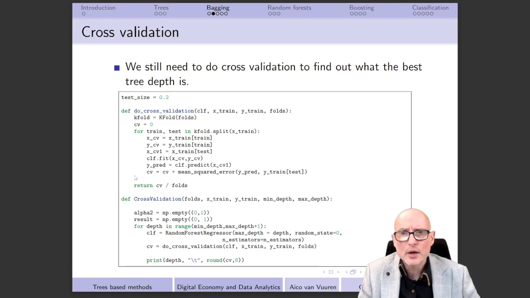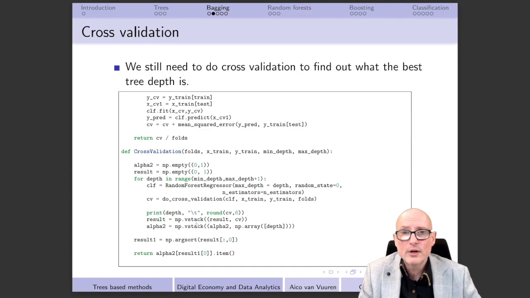So the first thing that we're going to have is a function which is going to do cross-validation, but this is again exactly identical to what we have seen before, so therefore I'm not going to say too much about it. And also this cross-validation function that we have over here is almost identical to what we had before, with the only difference now that we are going to have here the random forest regressor.